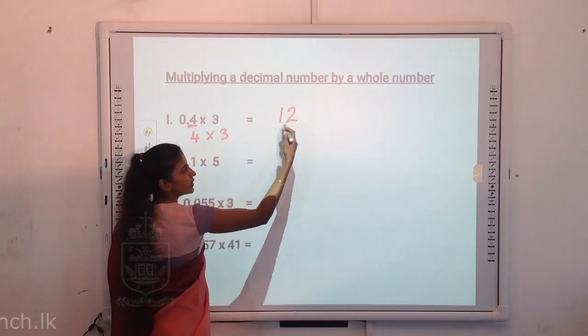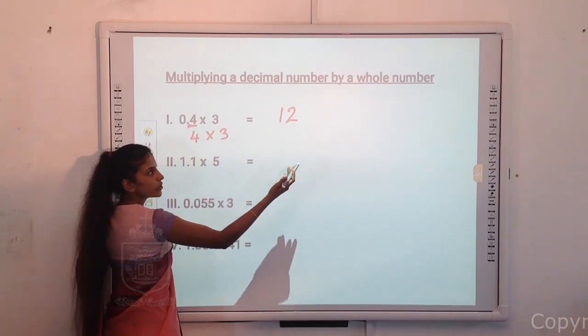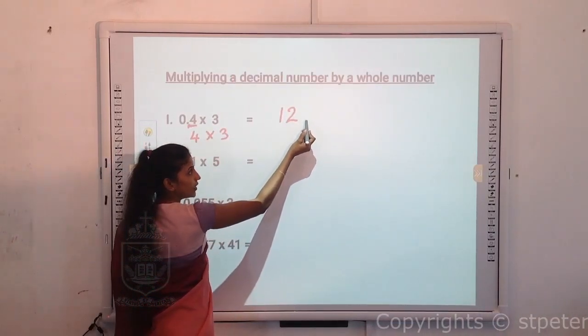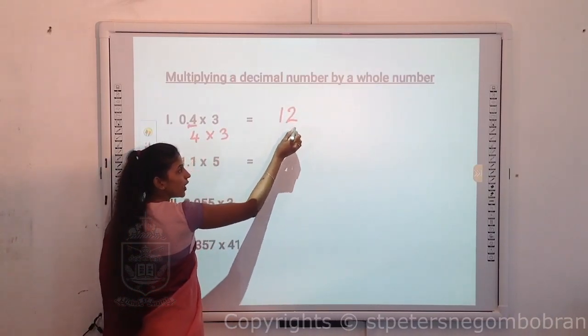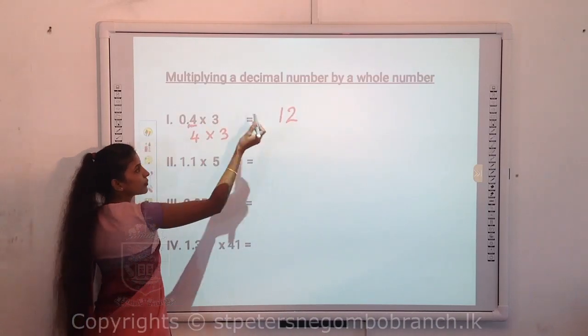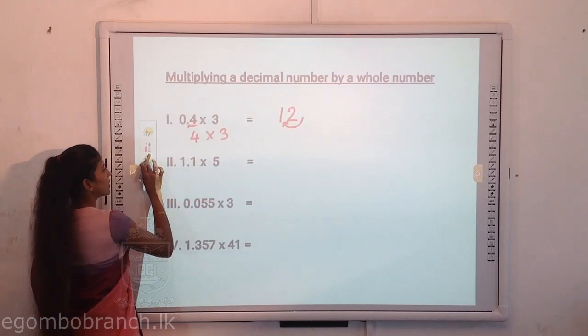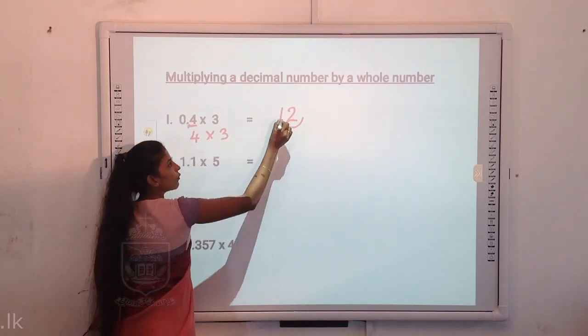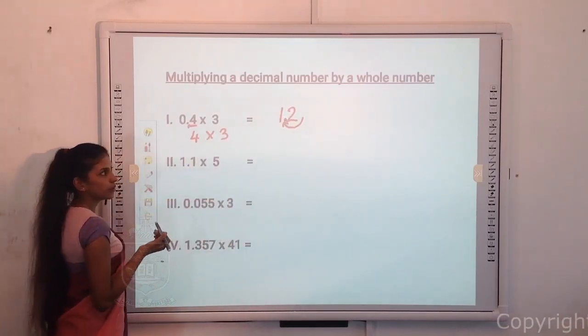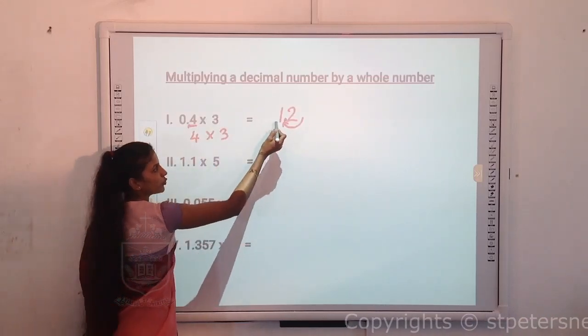Now there is no decimal point in the answer, but you have to assume that it is at the end. So come back one place. Therefore, you have to make one move in the answer. That means 1.2.